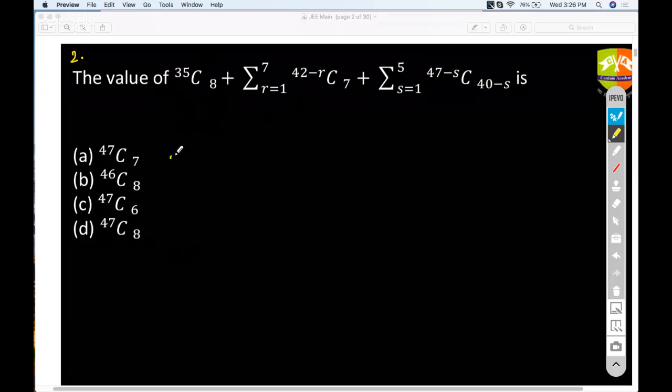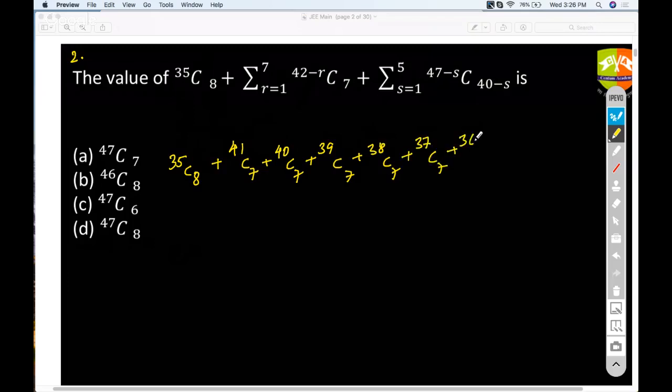So we have been given 35C8, and this is going to be 41C7, 40C7, 39C7, 38C7, 37C7, 36C7 to 35C7.